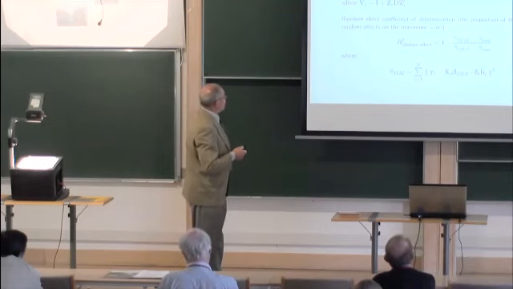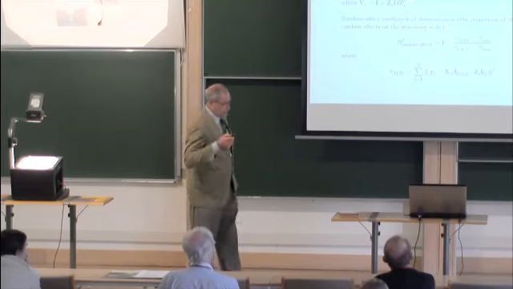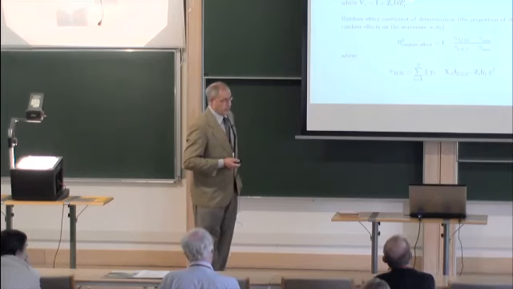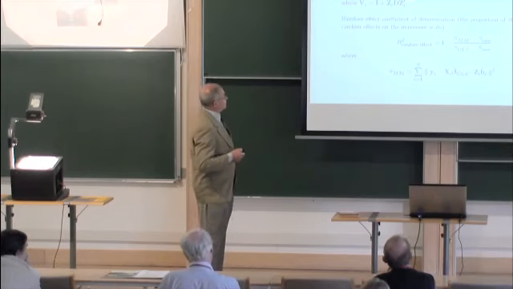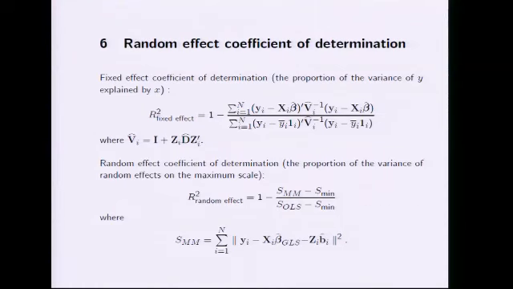When it comes to the coefficient of determination for a linear model, you simply use weighted least squares, and you use matrix V, which is basically the variance covariance matrix of your dependent variable, and this coefficient tells you how strongly Y can be explained by X, in the same manner we use in standard linear regression. But it doesn't tell you how strong the random effects are.